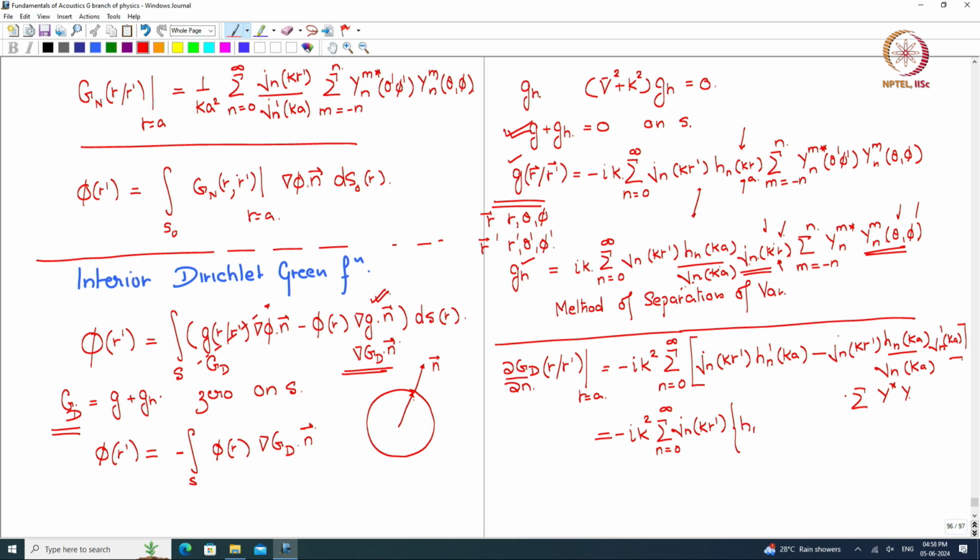Then I have Hankel n dash of k a minus Hankel n of k a by j n of k a into j n dash of k a, and this Y sum, into Y conjugate Y. Okay, and the Hankel function is the Hankel function of the second kind, which is equal to j n minus i y n.